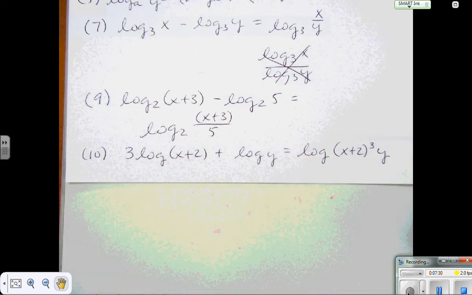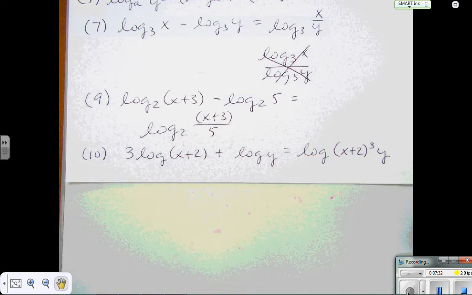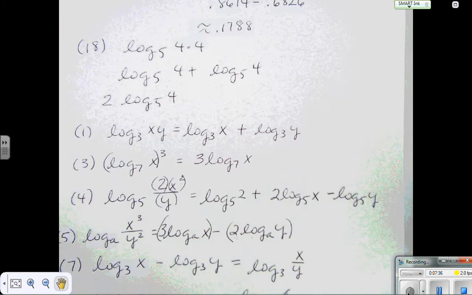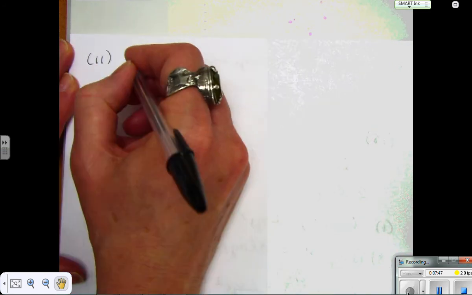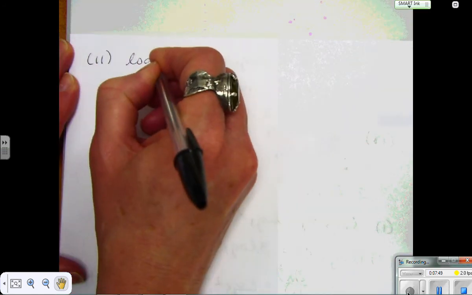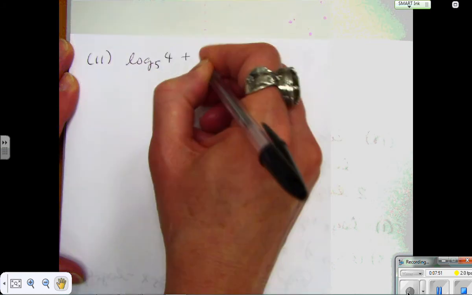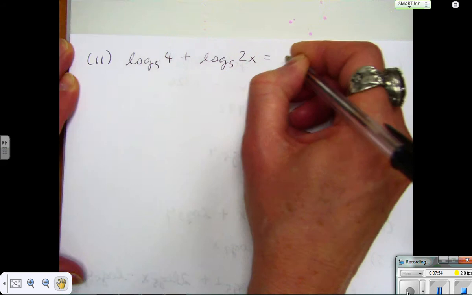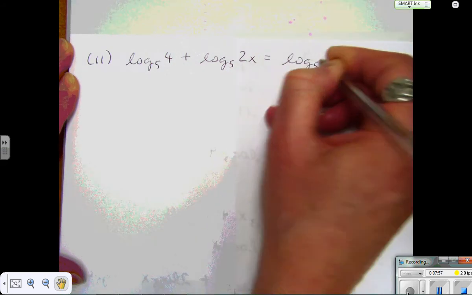Okay, let's look at the next section. We're going to solve. First we need to condense one or both sides and then set the parts equal once we get both sides simplified. Okay, number 11: log base 5 of 4 plus log base 5 of 2x equals log base 5 of 24.